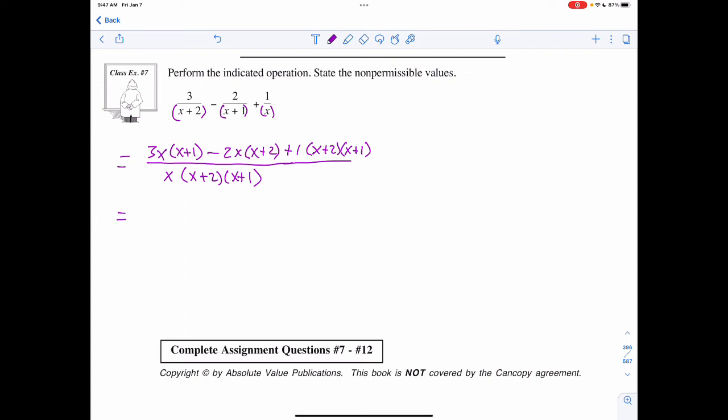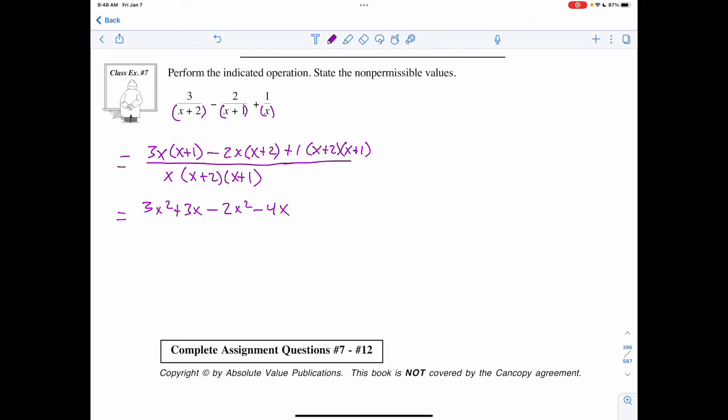I need to expand all these out properly. So if I have 3x times x plus 1, then I have 3x squareds plus 3x's. Negative 2x times x plus 2 is going to be negative 2x squareds minus 4x's.